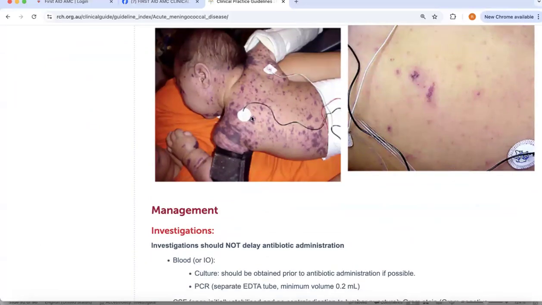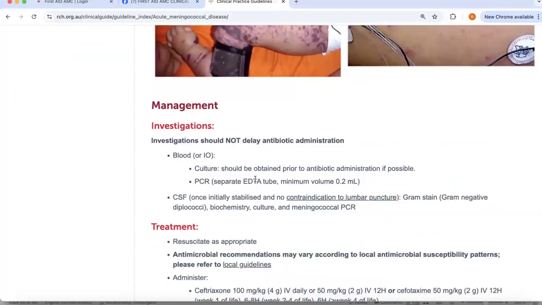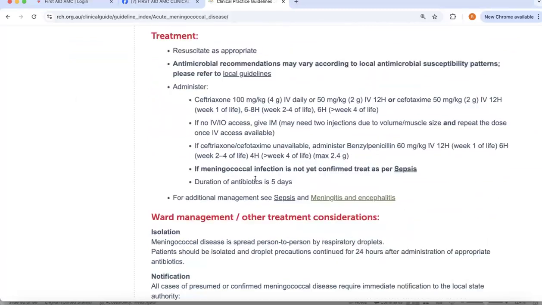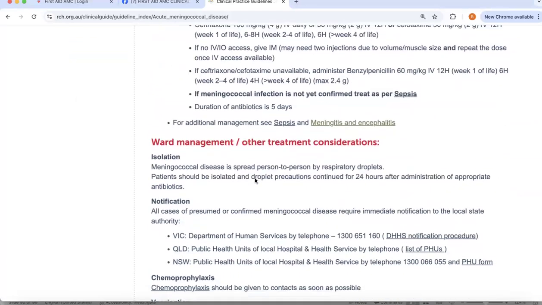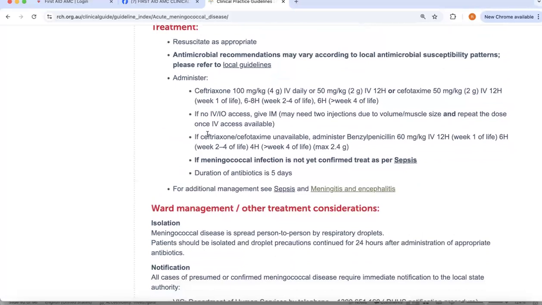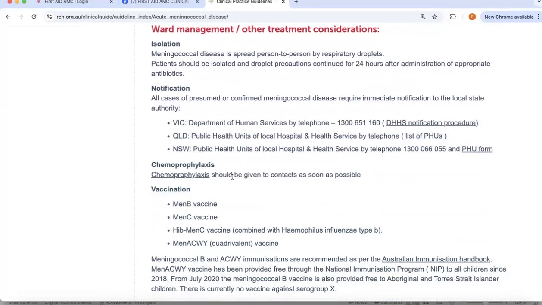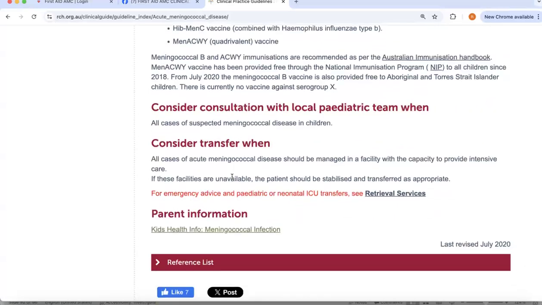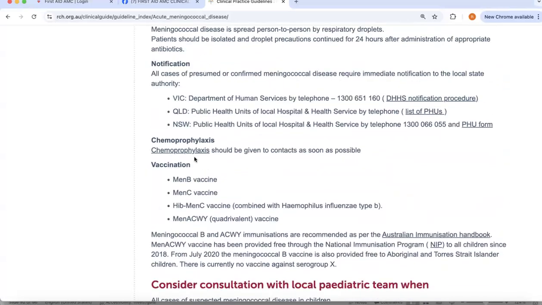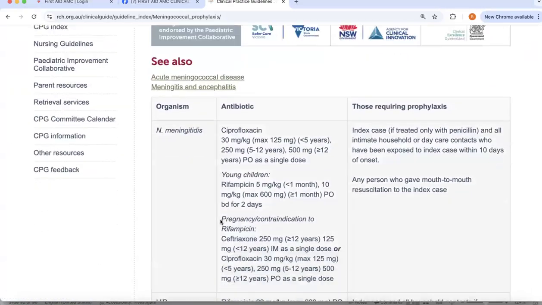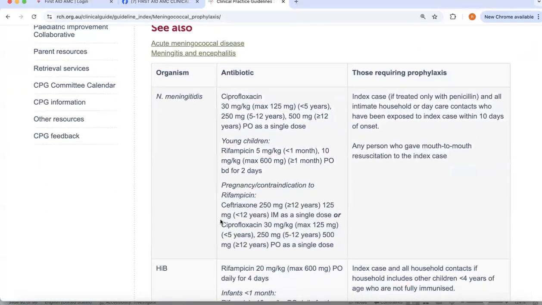So this is the rash. You can see purpuric rash in meningitis. And they talked about what antibiotics we give to the index patient. About the chemoprophylaxis.